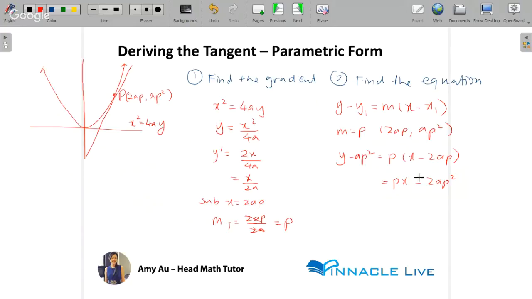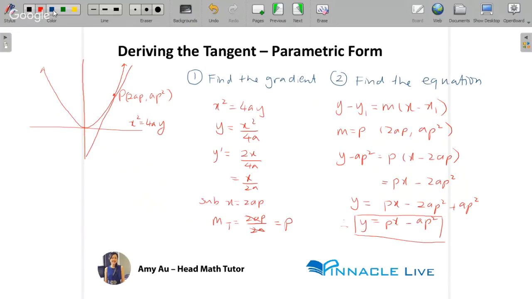And then I'm going to move that to that side. Okay, that's it. All right, so that's how you derive the equation of the tangent. All right, nice and simple.